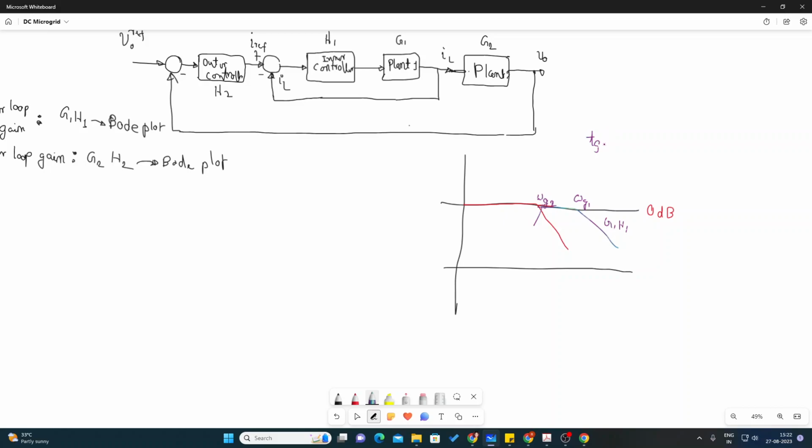Then only you can ensure that the settling time ts1 will be much smaller than ts2, so omega_g1 should be greater than 10 times omega_g2. And if you can ensure that, as you can see throughout the duration, the Bode magnitude characteristic is attenuating.